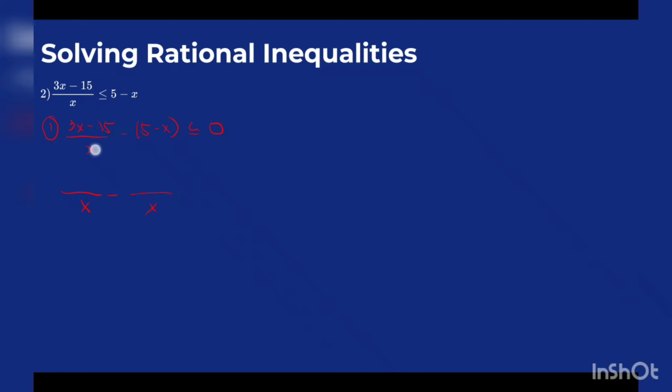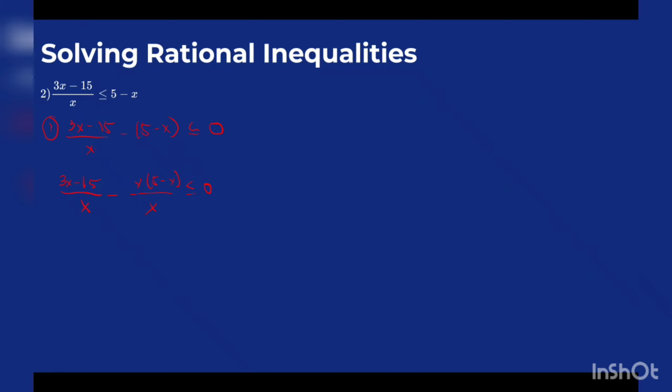X divided by x is 1 times 3x minus 15 is 3x minus 15. And then here we have x divided by the denominator, which is 1, that is x, times 5 minus x, we have x times 5 minus x is less than or equal to 0.